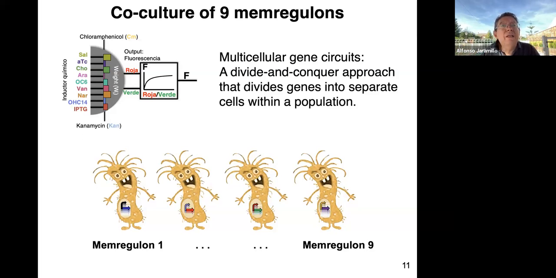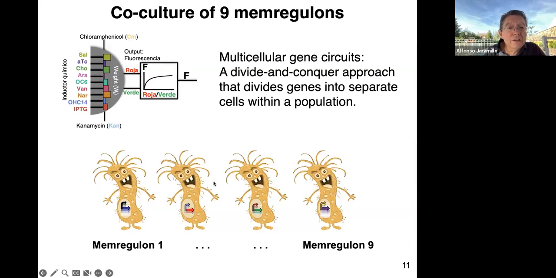This is a concept that was put forward by Ricard Solé in Barcelona and by Chris Voigt at MIT. It's very useful in order to create complex systems, complex gene circuits.